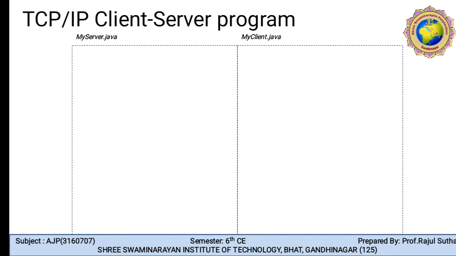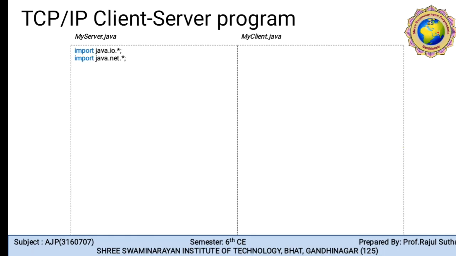On the server side, if we are creating MyServer.java, then in the same way on the client side we need to create the class MyClient.java. It requires import java.io.*. Same way, the client also requires import java.net.* and java.io.*.